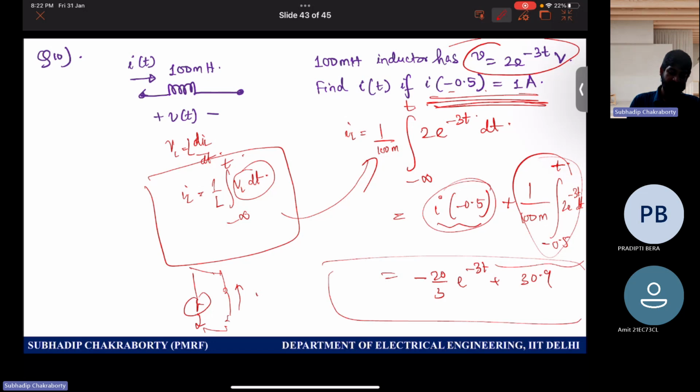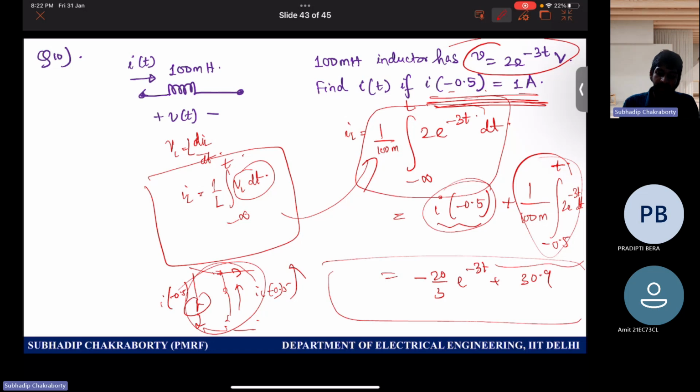So the inductor current from the 0 initial condition and the previous inductor current of minus 0.5 onwards, both should merge to find the total inductor current. Also, you can see from this integration formula that minus infinity to minus 0.5 and minus 0.5 to t, both are adding. You can split, and this value you know to be 1 ampere. So just put it in and you will get a DC part from here. So you merge it and you will get this one.